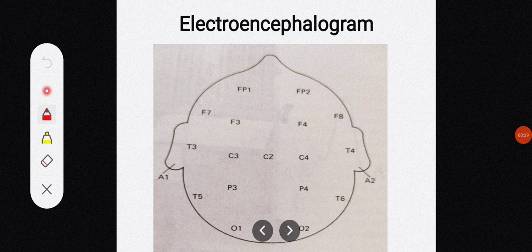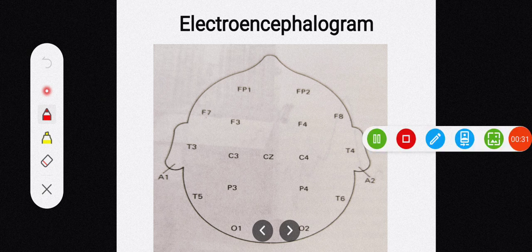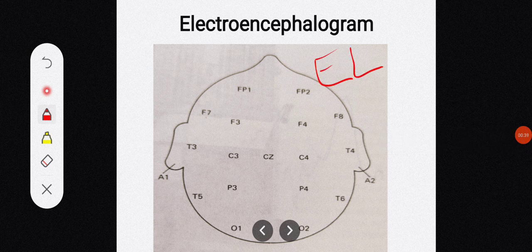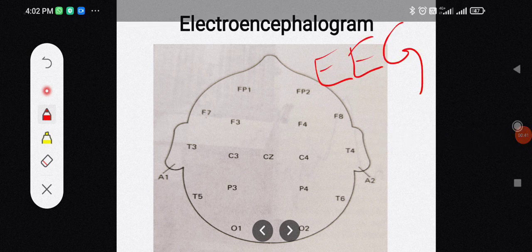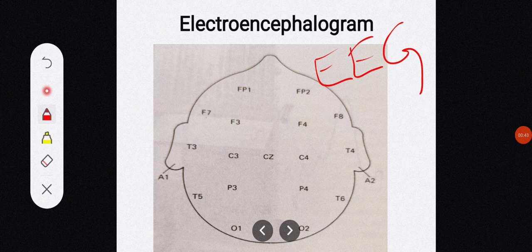So basically what is electroencephalogram, or you can say EEG? So what is electroencephalogram or EEG? Basically, this is what happens inside the brain. We have numerous nerve cells, and these nerve cells also generate bioelectric potentials.